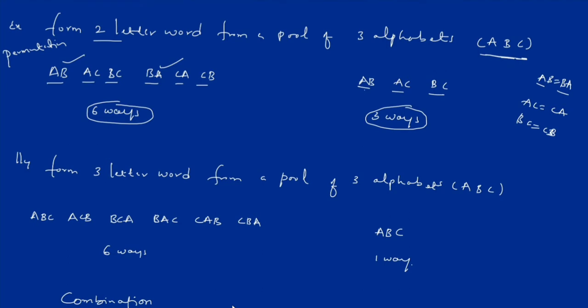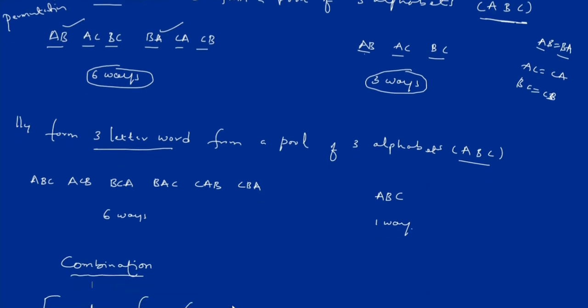Similarly, if I take a three-letter word from a pool of three alphabets, that is ABC again. Here we took a two-letter word, but now we are taking a three-letter word. By taking three letters, we form ABC, ACB, BCA, BAC, CAB, CBA.